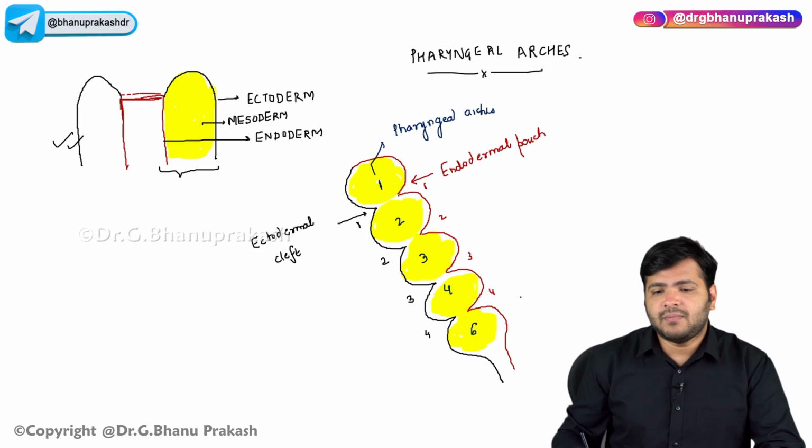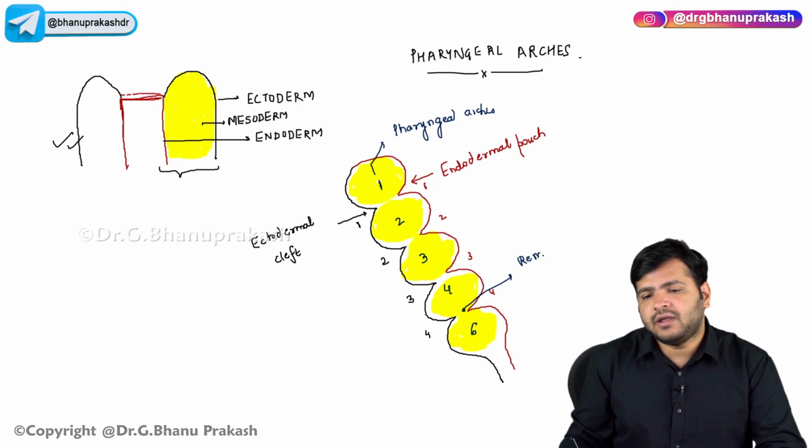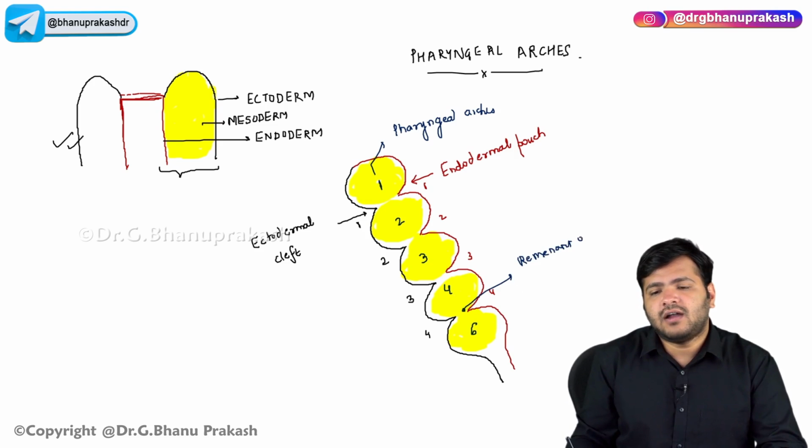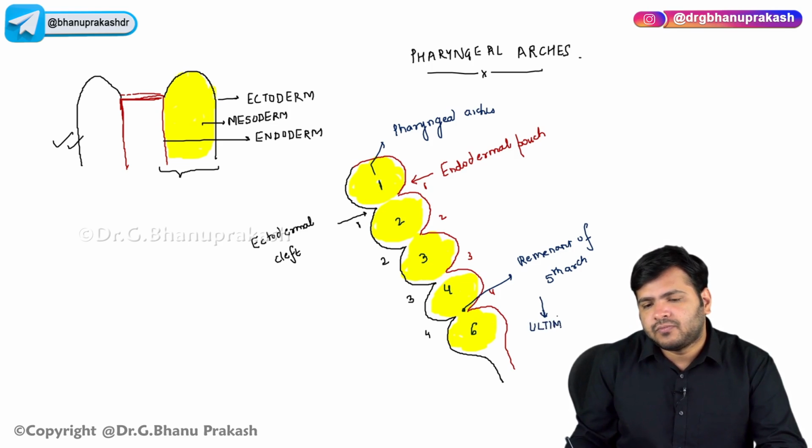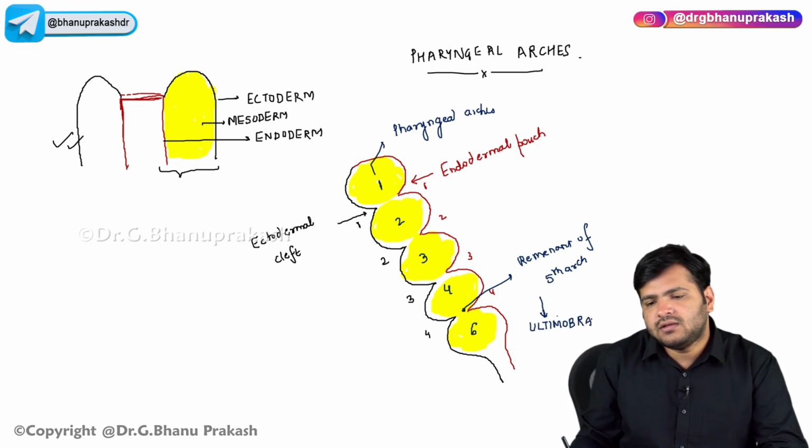Remember over here we have a remnant of the 5th arch, and this remnant is called the ultimobranchial body.